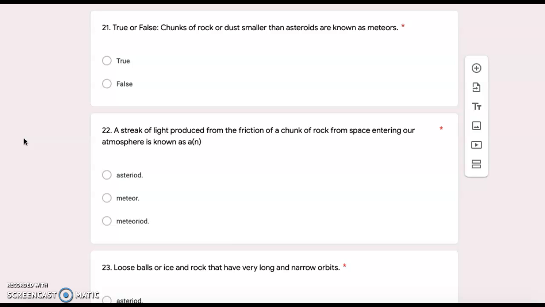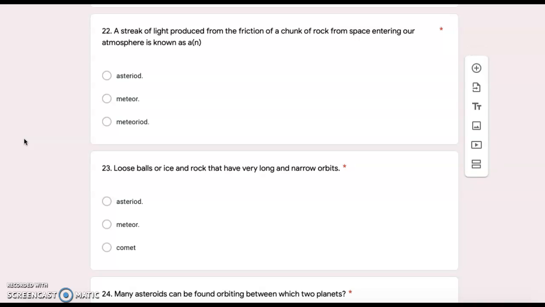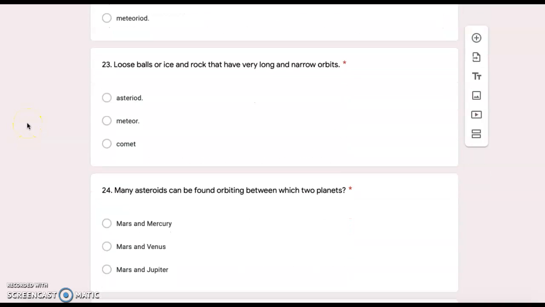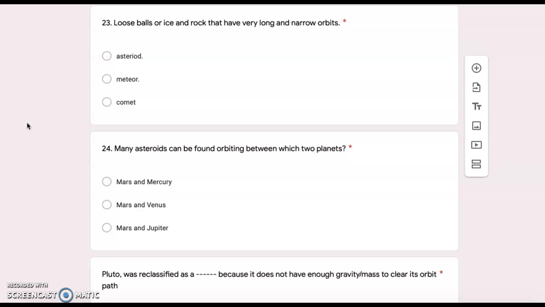21. True or false? Chunks of rock or dust smaller than asteroids are known as meteors. True or false? 22. A streak of light produced from the friction of a chunk of rock from space entering our atmosphere is known as asteroid, meteor, or meteoroid. 23.